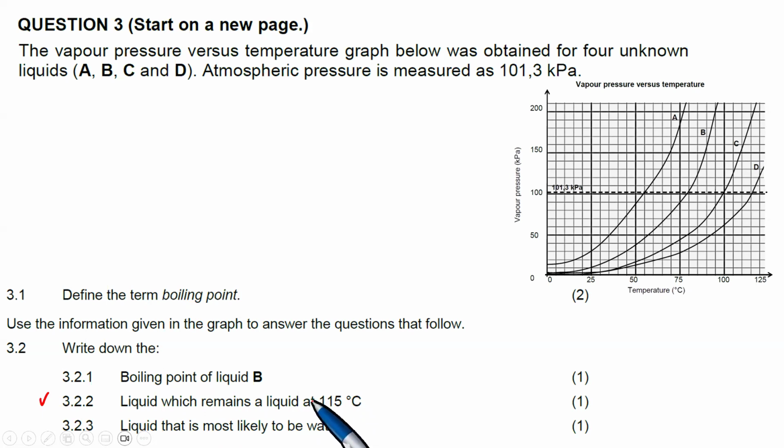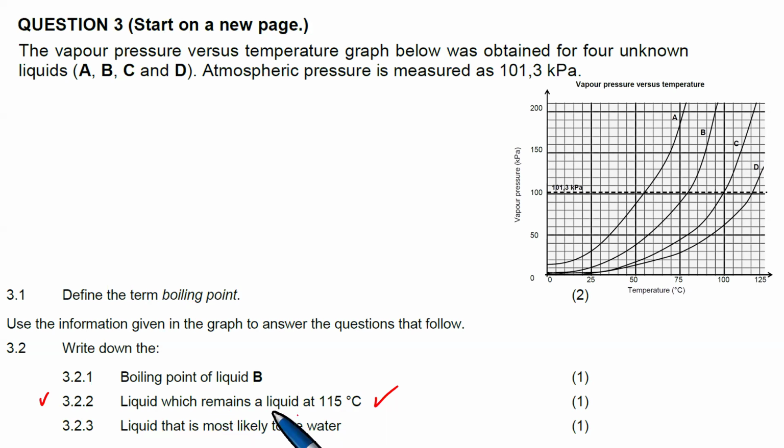Right. So we continue. Write down the liquid which remains a liquid at 115 degrees Celsius.